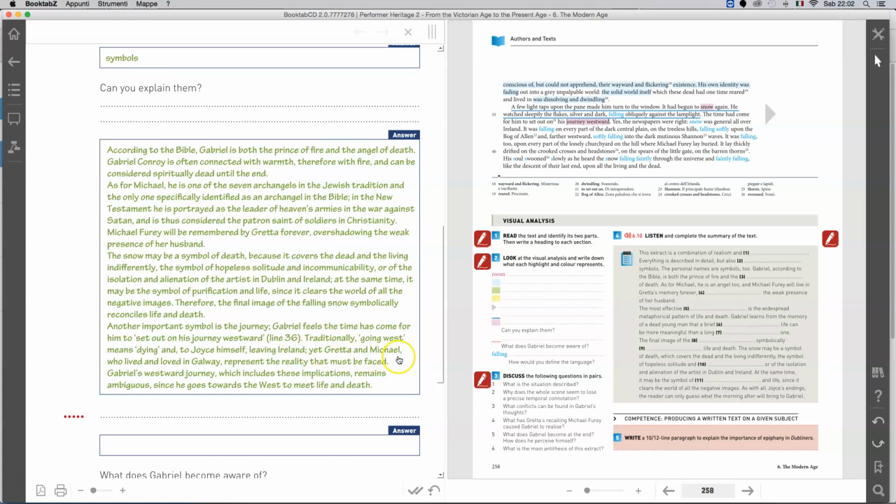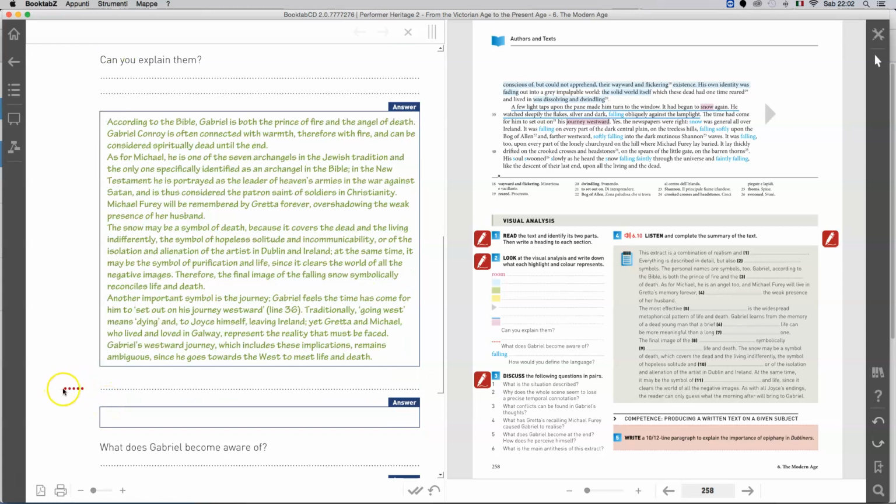Yet Greta and Michael, who lived and loved in Galway, represented the reality that must be faced. Gabriel's westward journey, which includes these implications, remains ambiguous, since he goes towards the west to meet life and death.